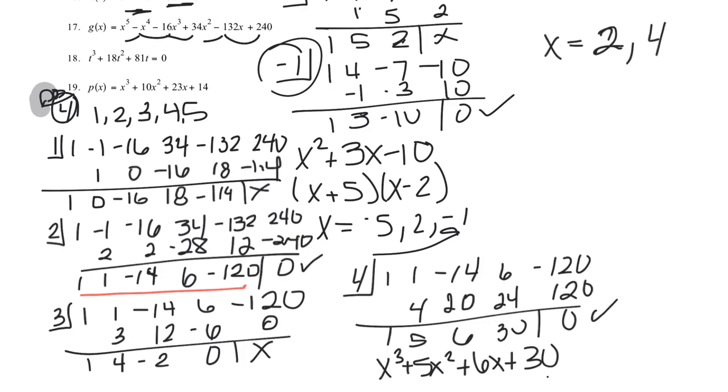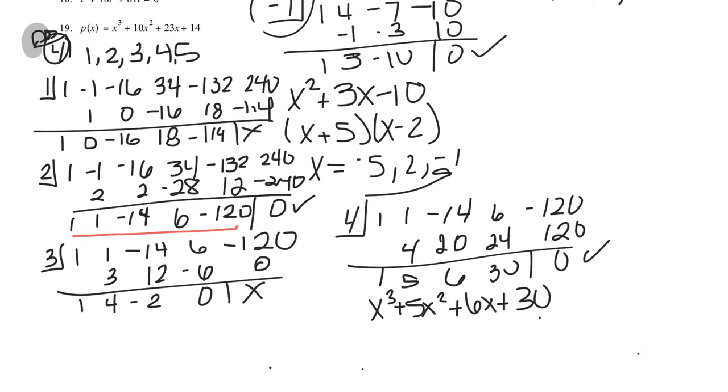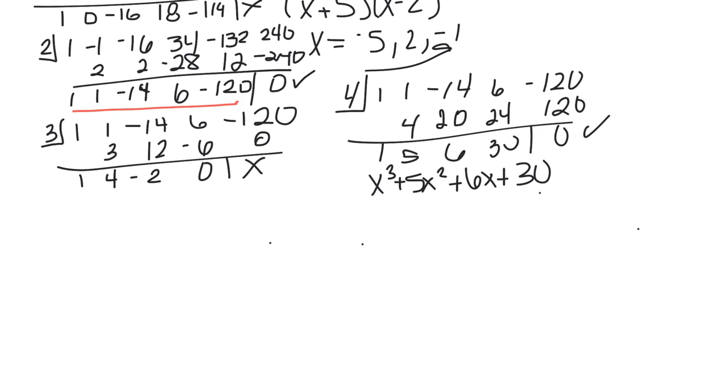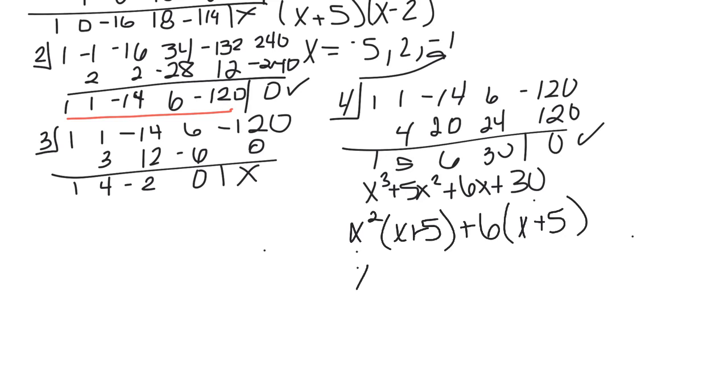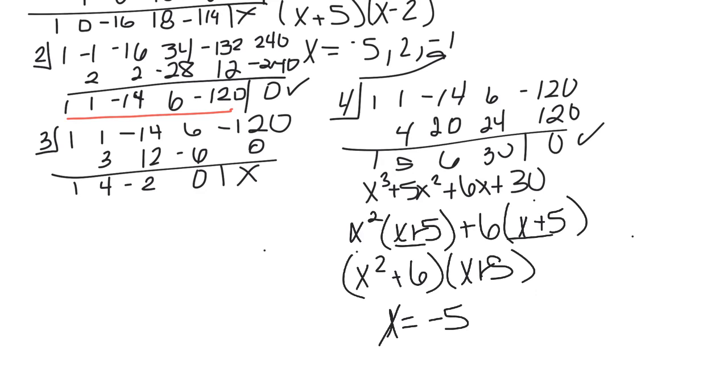This looks a lot like a problem I could possibly use factor by grouping on, so let's try it. X squared times x plus 5, factor out a 6 times x plus 5, and I get x squared plus 6, and factor out your x plus 5. So I have x equals negative 5, that's the other one.